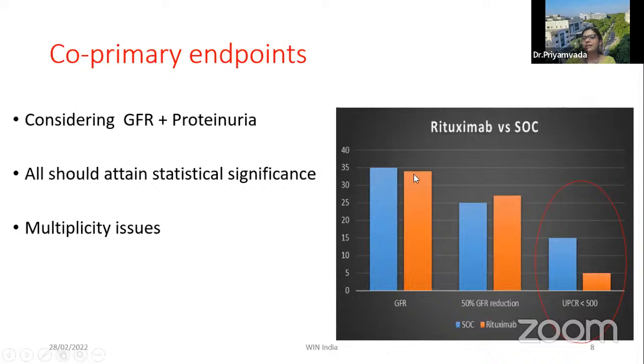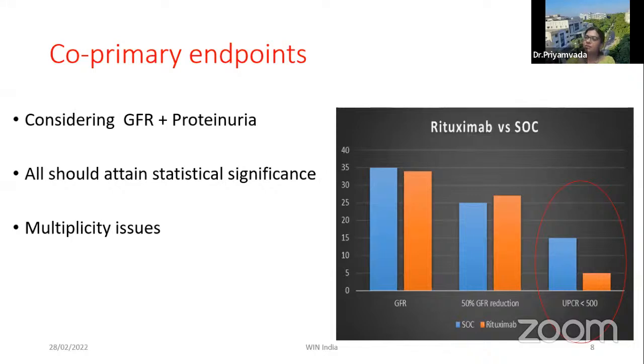Now, if I had taken these 2 or 3 as my primary endpoints, I cannot say that rituximab works by just looking at the reduction in proteinuria. And if I have to say that this drug works and can be used further for clinical cure of patients, since I had selected 2 primary endpoints, I have to meet both primary endpoints.